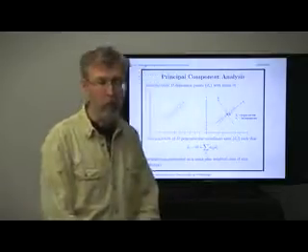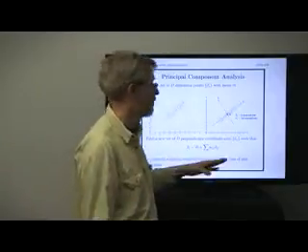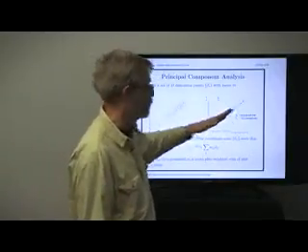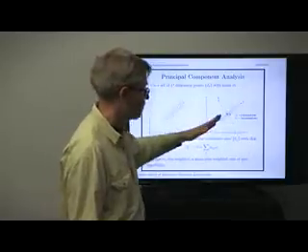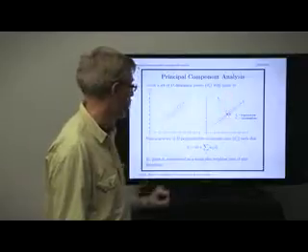And we're going to want to do principal component analysis. What that really means is taking a look at that data set and finding a set of new natural axes that somehow describe the shape of this distribution right here.